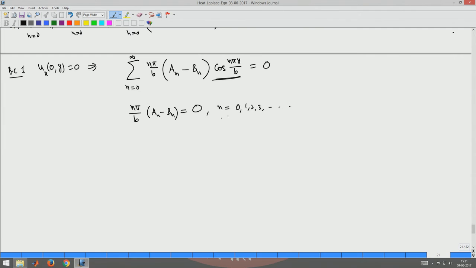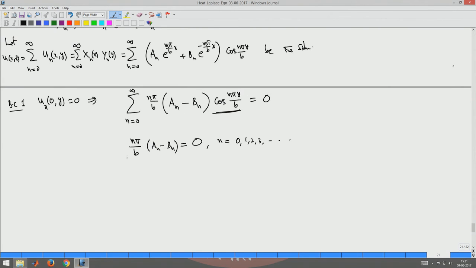So, what happens if n equals 0? For n equal to 0, a_n minus b_n can be arbitrary. So, a_0 minus b_0 need not be 0.